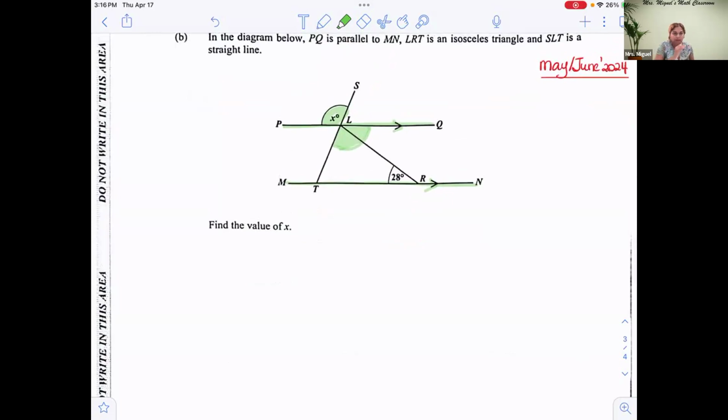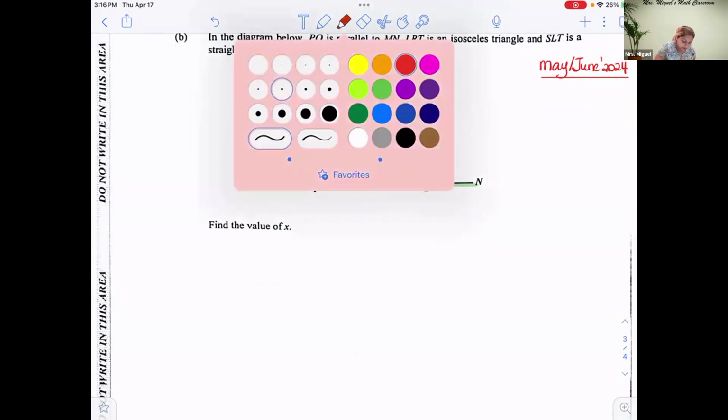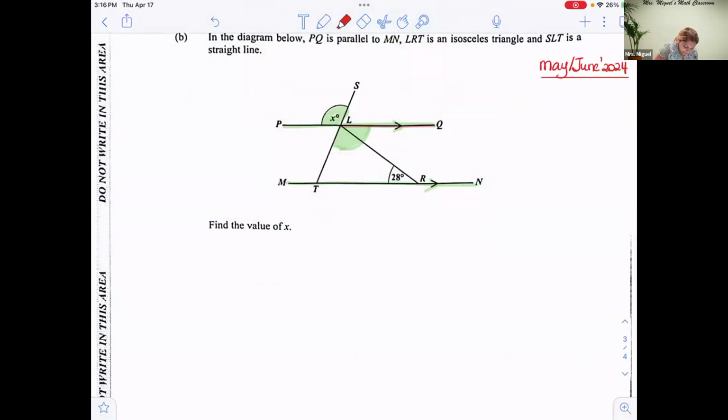You could see a Z there. So I will use a different color. This is a Z. And I just told you Z shape represents alternate angles. So if this is 28 degrees, here will also be 28 degrees.